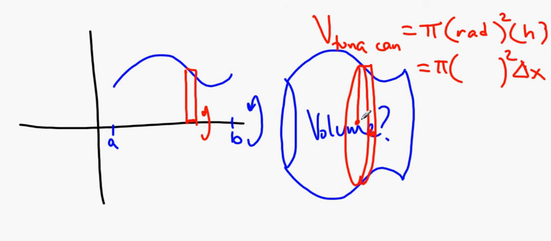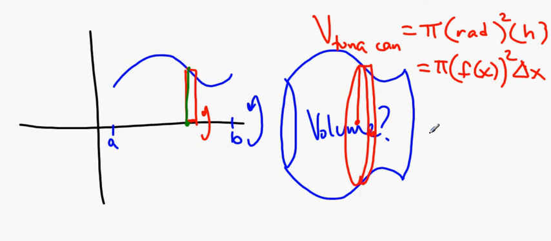What is the vertical distance from the center to the outside? If I bring this over here, I would find that is a function value. It's this function value. And so this is the volume of one tuna can.